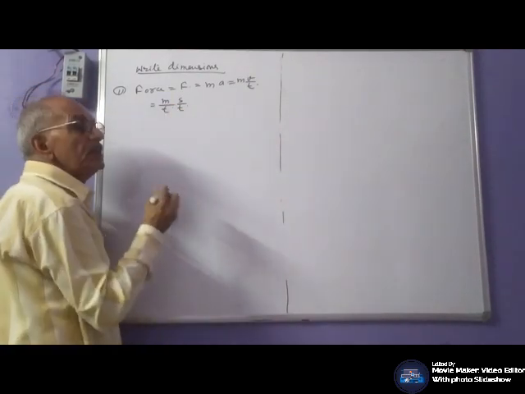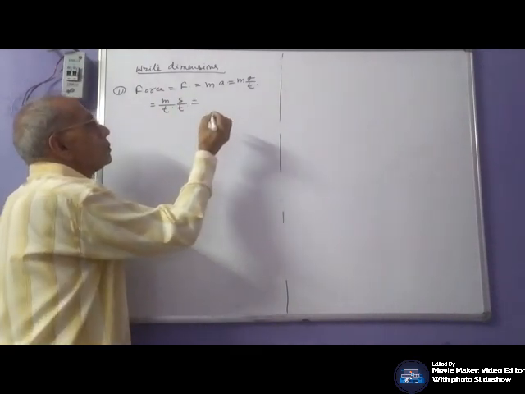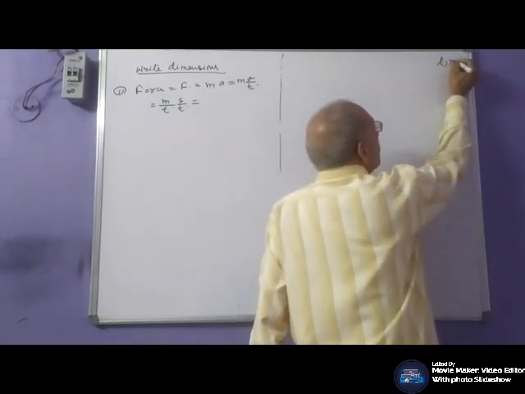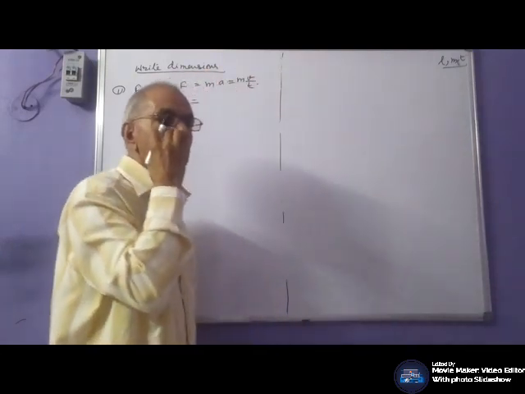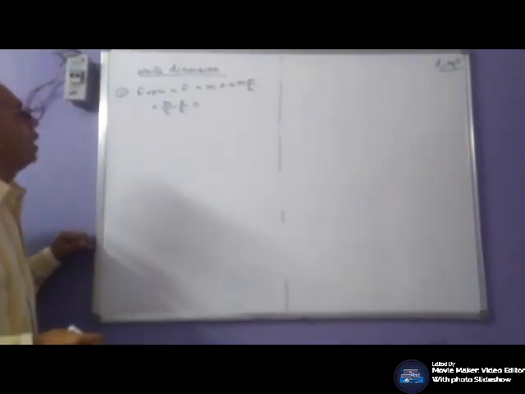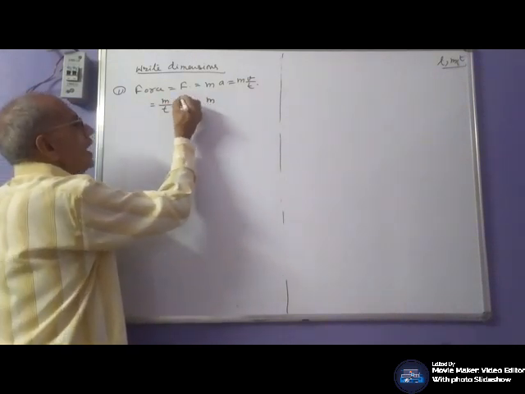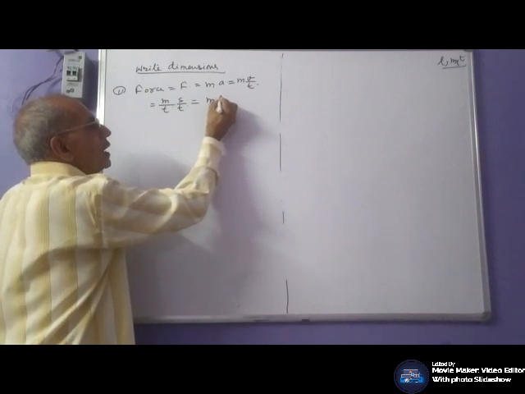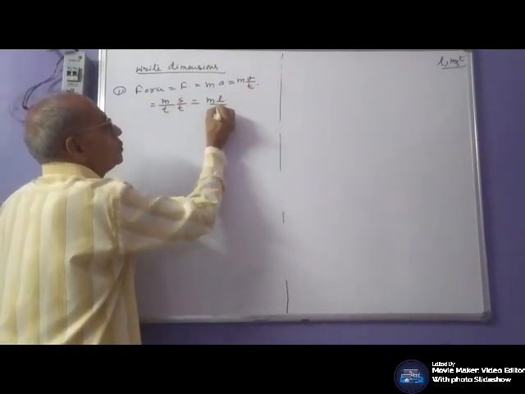Now take them in terms of fundamental units: length, mass, time, Kelvin, amperes, whatever it is. M is M. S, distance, displacement, is L. T is time.